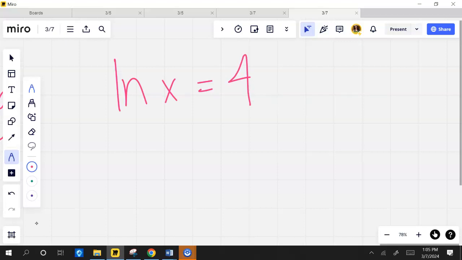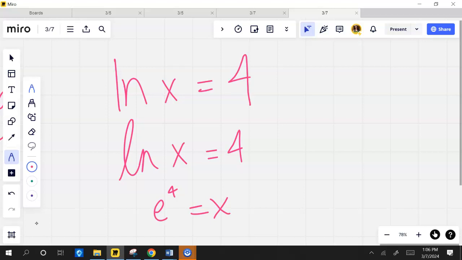Change the form. Everybody always wants to call that IN too, by the way. A lot of times I write it like this so that you know it's L. E to the 4th equals x. Good for you.